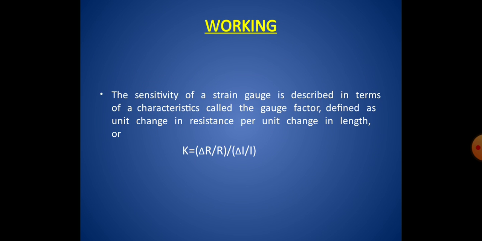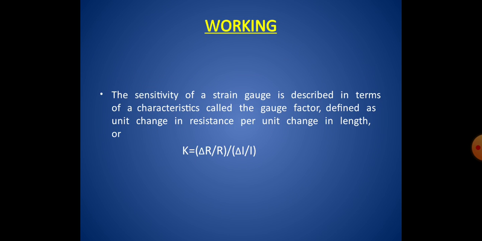The sensitivity of a strain gauge is described in terms of a characteristic called the gauge factor. Gauge factor is K, the unit change in resistance per unit change in length, or K equals (delta R by R) divided by (delta L by L).